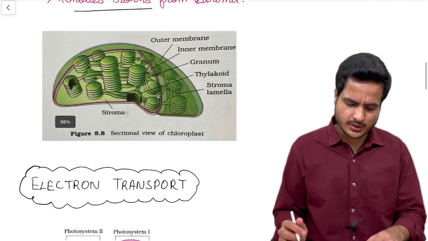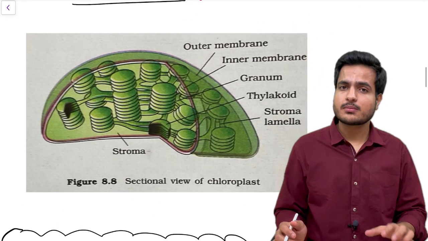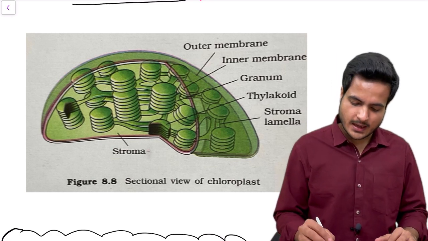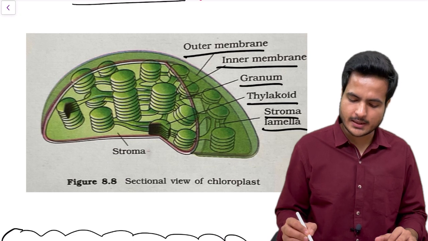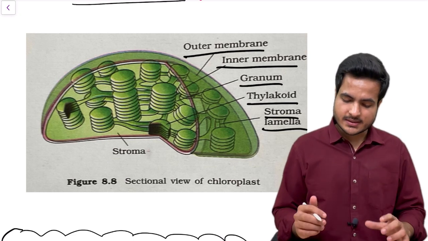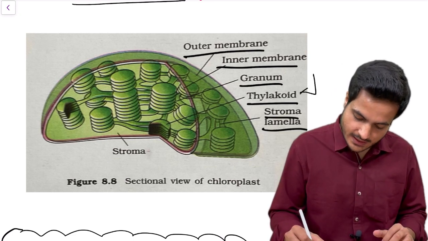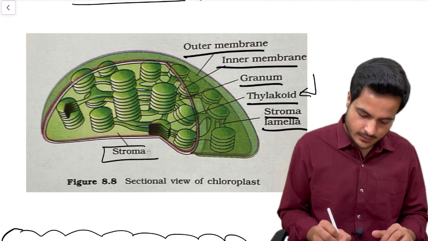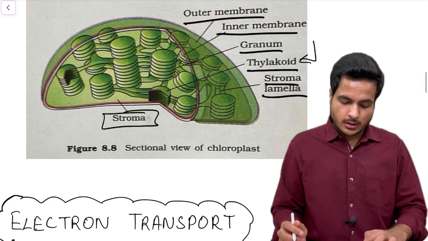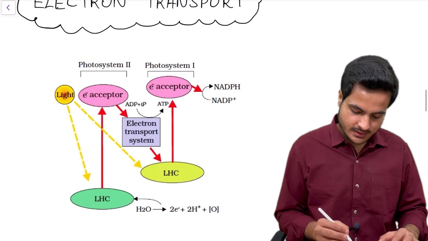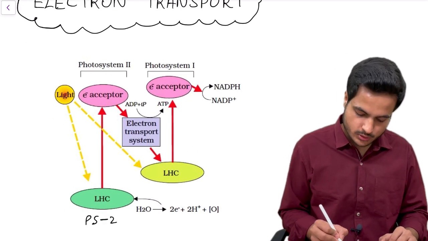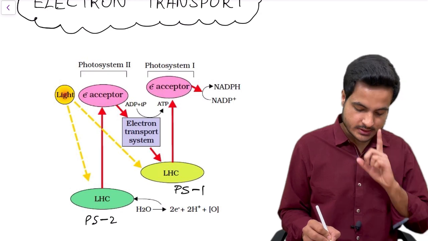Let me explain it in detail. This is the diagram of a chloroplast, the outer and inner membrane, and here we have granum, thylakoid, stroma lamella. Now we are discussing the story inside the thylakoid and stroma. Whenever electrons are passing, this is photosystem 2, this is photosystem 1, we all know this now.